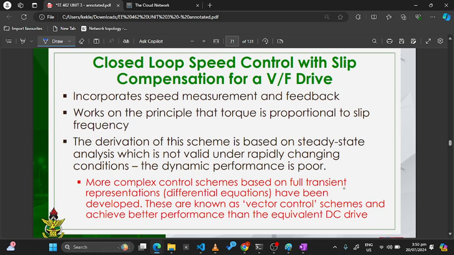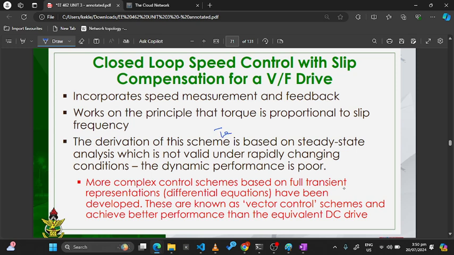So now for the closed loop speed control with slip compensation for variable frequency drive. This one incorporates a speed measurement and feedback. It measures the speed of the induction motor and gives feedback. And it works on the principle that torque is proportional to slip frequency.